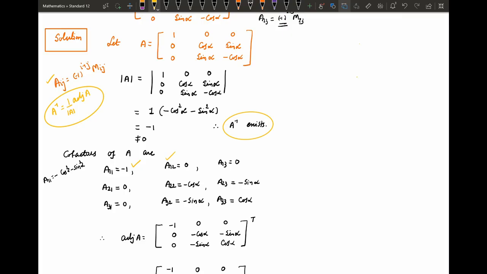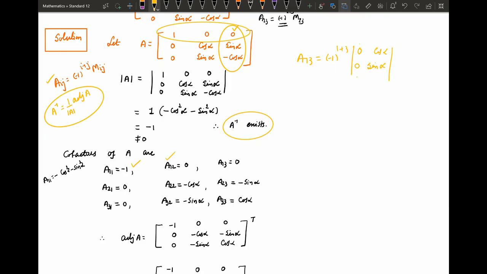Now the cofactor of capital A13, the cofactor of 0. Again you leave the column and row in which that entry lies. So remaining, minus 1 raised to 1 plus 3 times the determinant 0 cos alpha, 0 sin alpha.